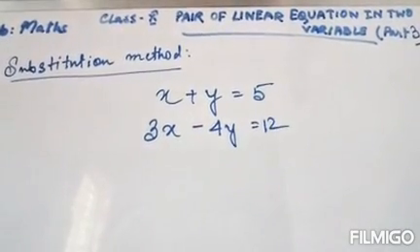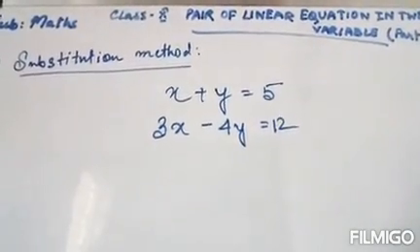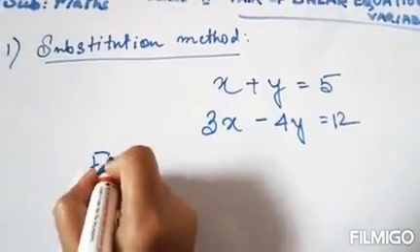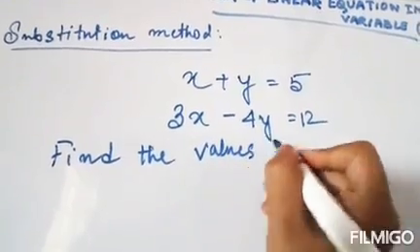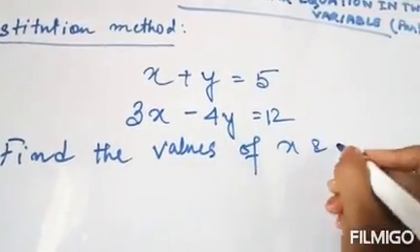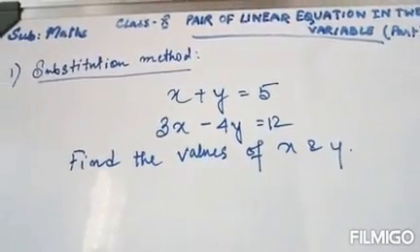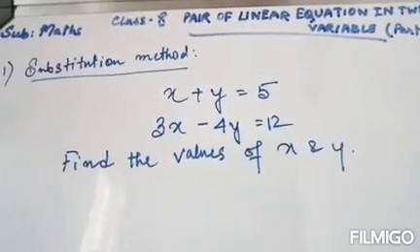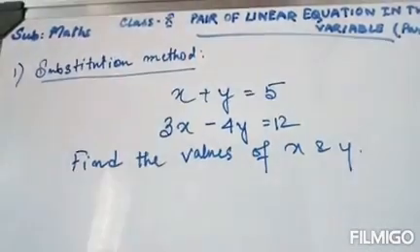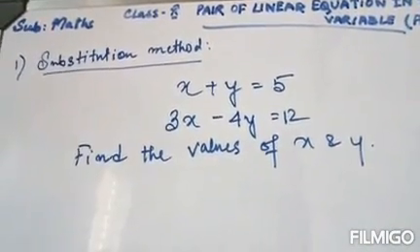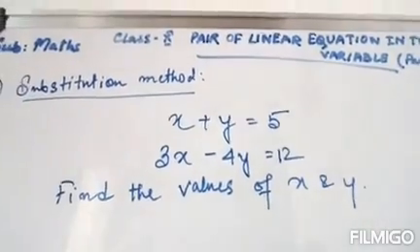Now we are going to solve these two equations, which means we are going to find the values of x and y. Before solving, first we have to check whether a solution is possible or not. Now see here, all the coefficients are different, which means a solution is possible. Now let's start with the substitution method.